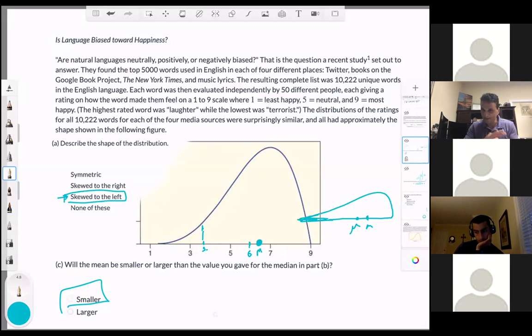That's how you're going to write it down. But why is that? Because it goes to the left, correct? There are a few very small points there that kill the mean, making the mean smaller. So anytime it's left skewed, it's going to be less than? Yes, anytime it goes to the left, the mean is less than the median. If it goes to the right, the mean is more than the median.